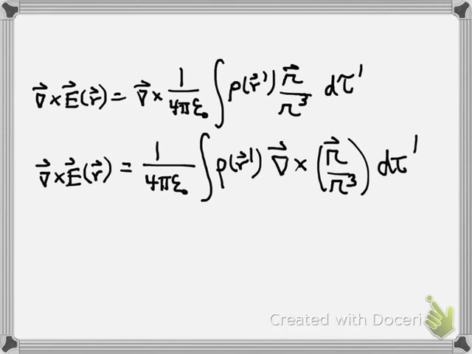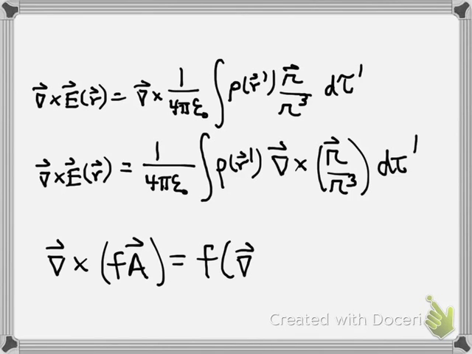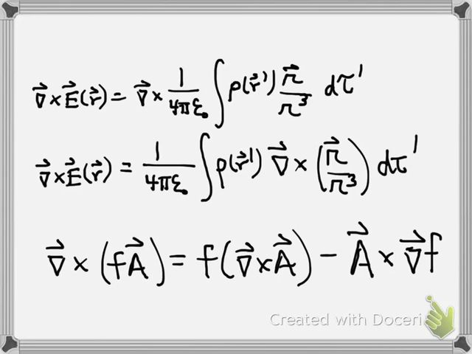So I need to compute that curl. I'm going to use an identity, so let me write down the identity I'm going to use. It's the curl of F times A, so that is a scalar function times a vector, is equal to the scalar function times the curl of A minus the cross product of A with the gradient of the scalar function.